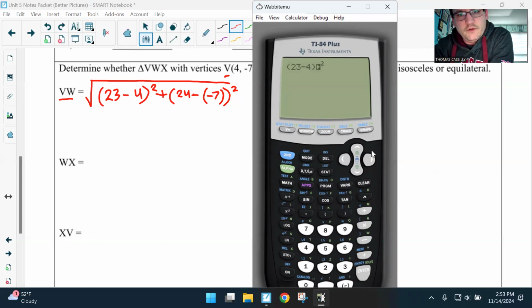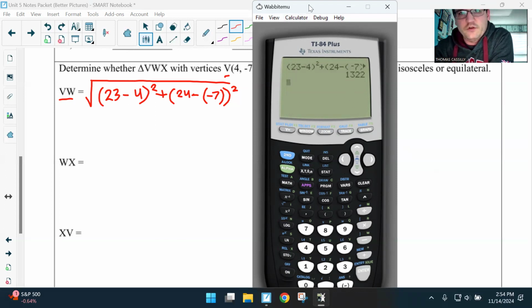Okay, plus 24 parenthesis. Don't forget the parentheses. 24 minus -7. All right, squared. So notice how I typed in this exactly how I saw it, except I did not put the square root symbol on there. I'm going to show you why.